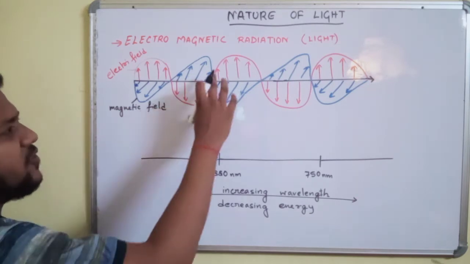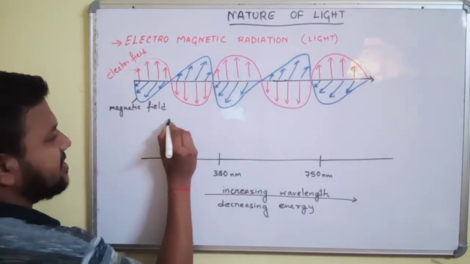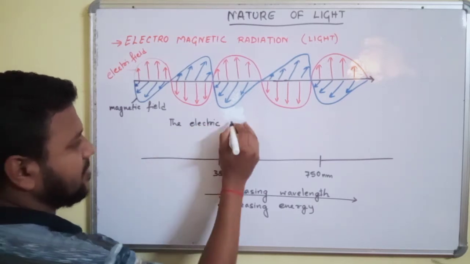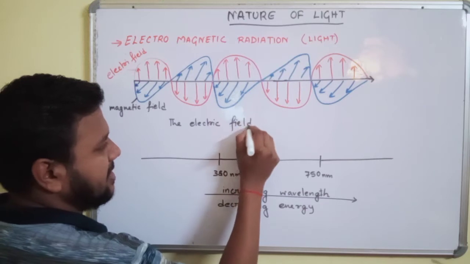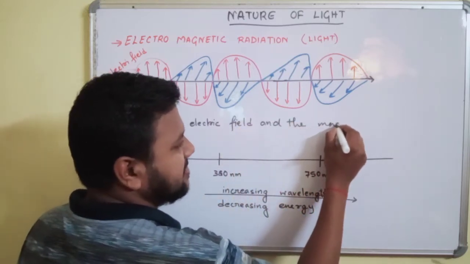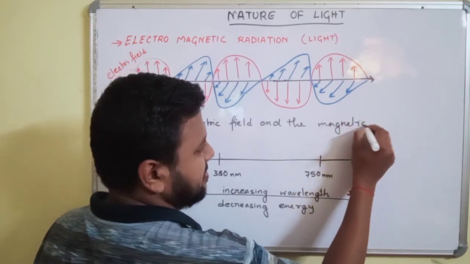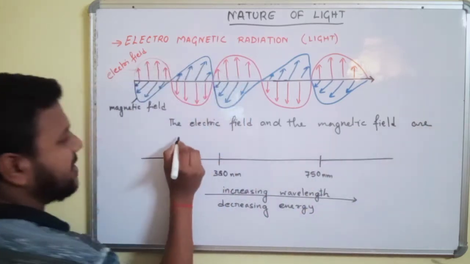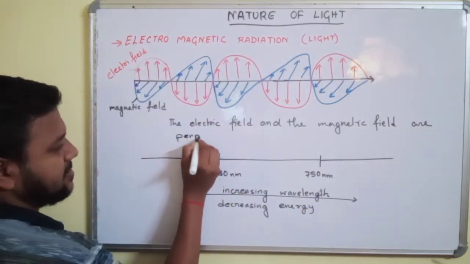Okay, so in case of electromagnetic radiation, the electric field and the magnetic field are perpendicular to each other.